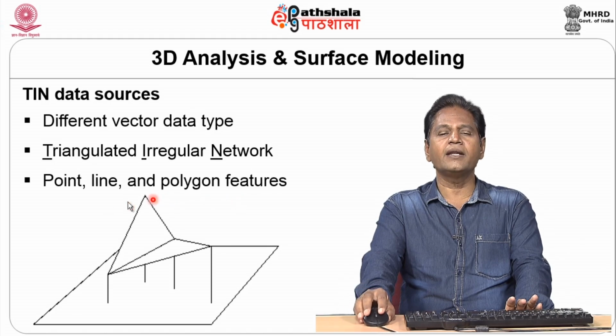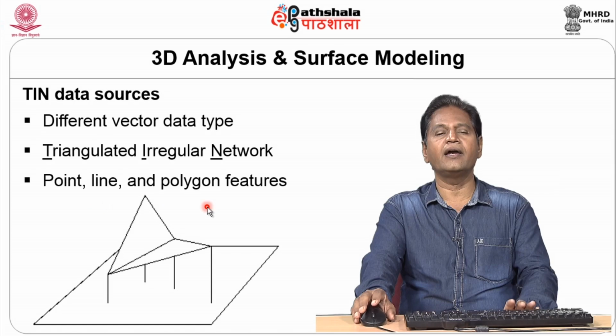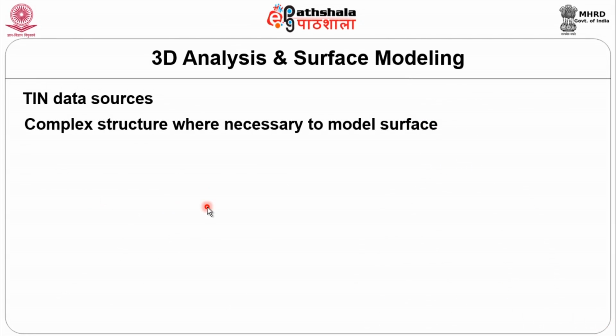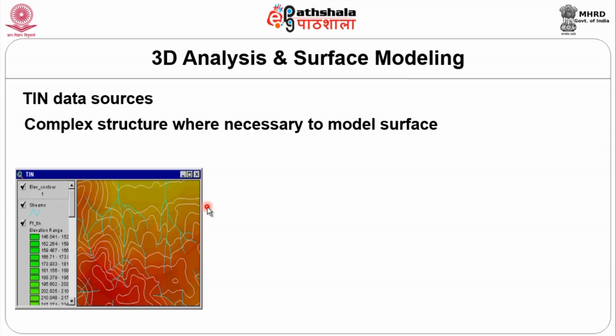You can use point data, line data or polygon features, anything could be an input into your TIN data source, where you want to create complex structures so that you will be in a position to model a surface.